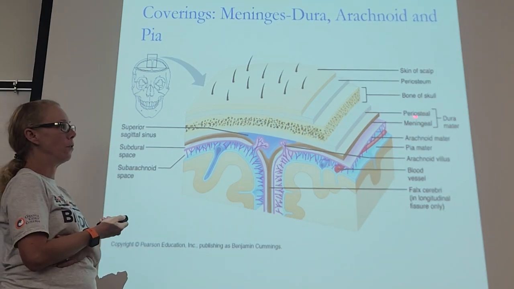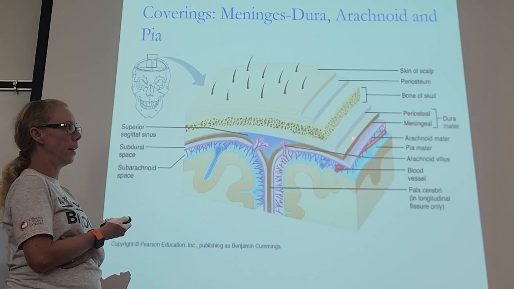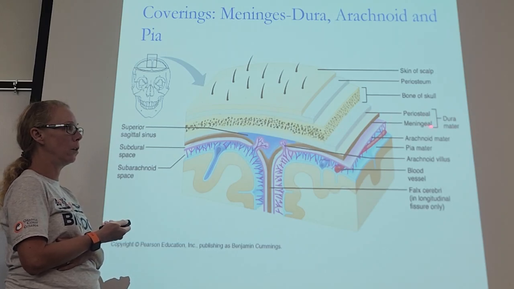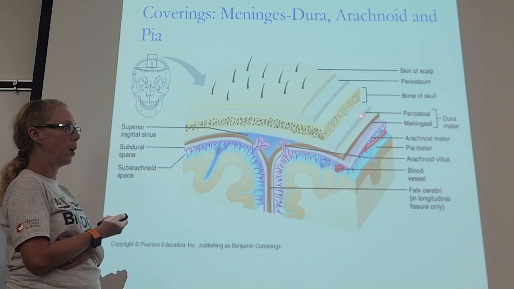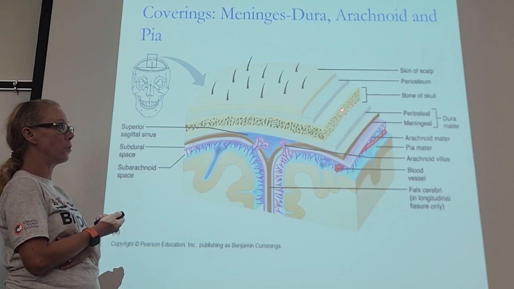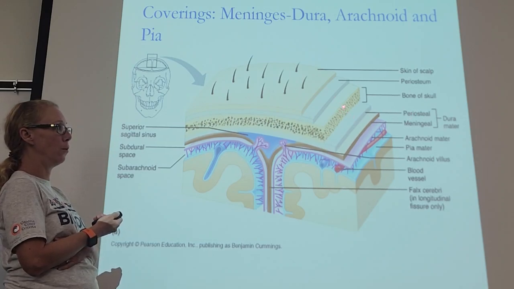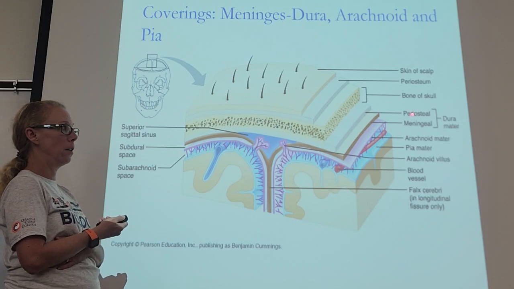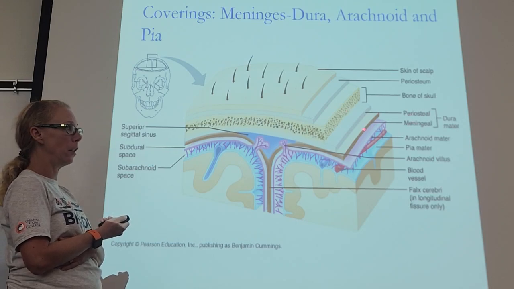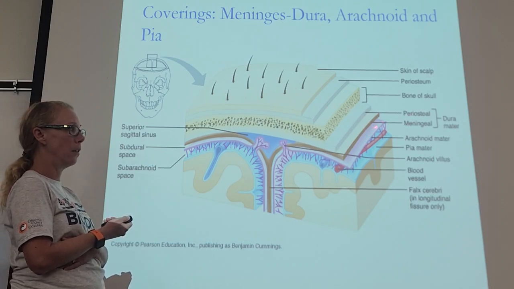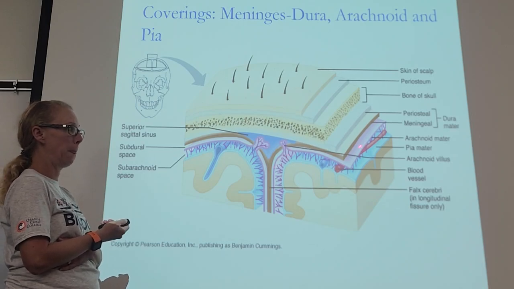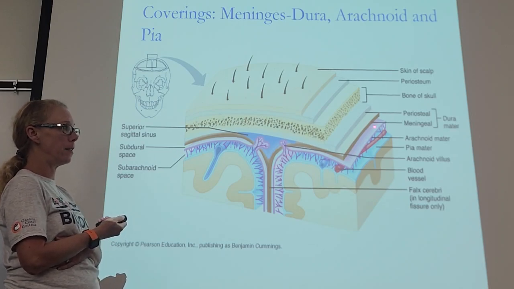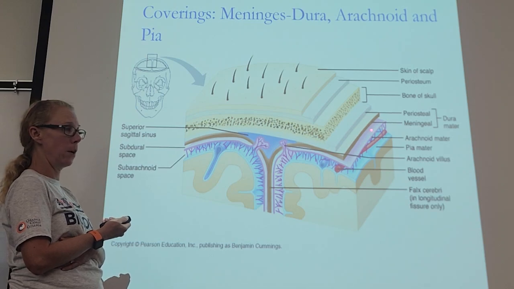Now, the dura mater, the most superficial layer, has 2 layers. The most superficial layer is called the periosteal layer because it attaches to the periosteum of bone. Deep to that is the meningeal layer because it contacts the meningeal layer of arachnoid. Granted, there's a small space in between there called the subdural space that we identified.